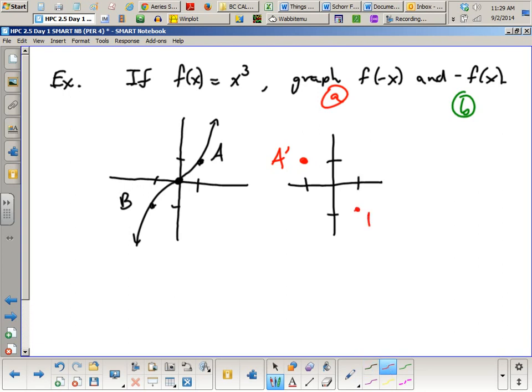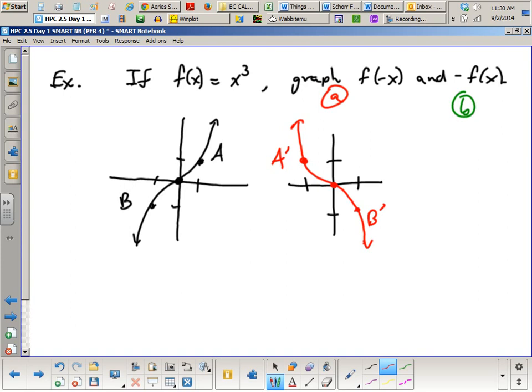So this might be point B prime. See? The only point that's not going to move is the point that was at 0, because if you flip it over the axis, it's still at 0. So your graph is going to look like this. Just rough sketches.